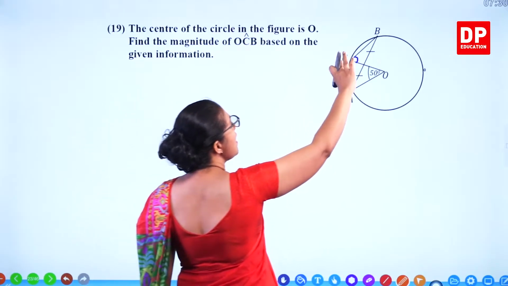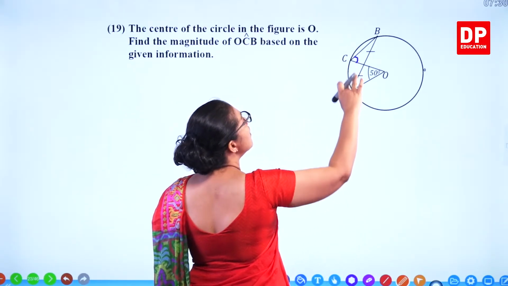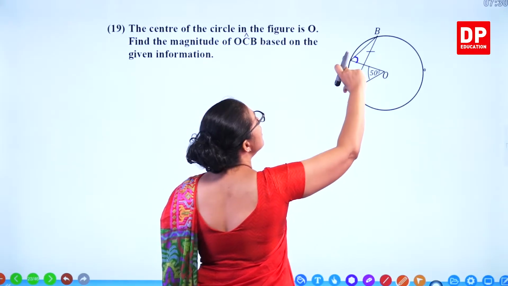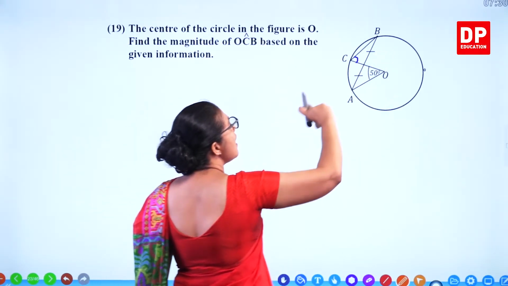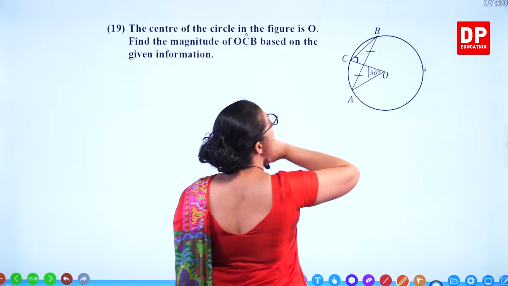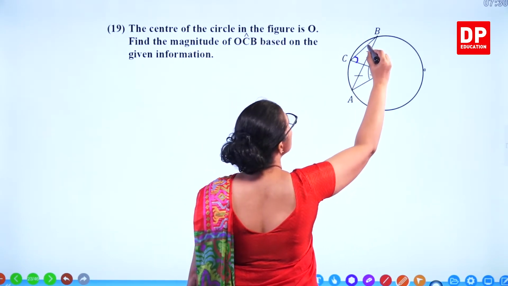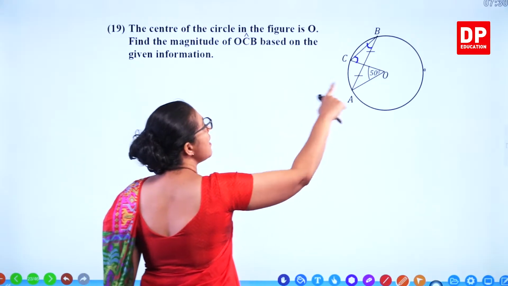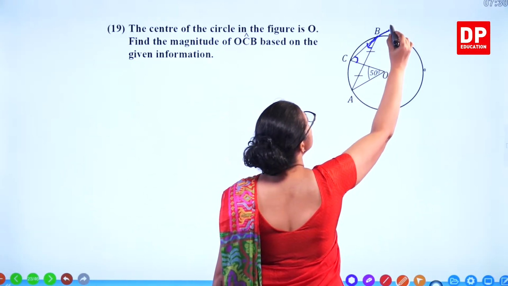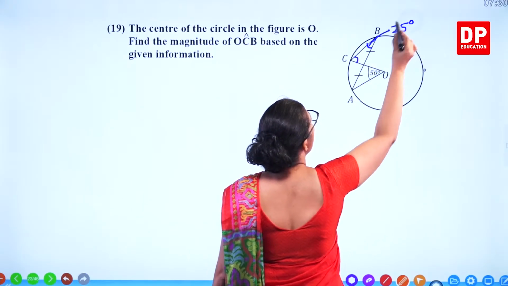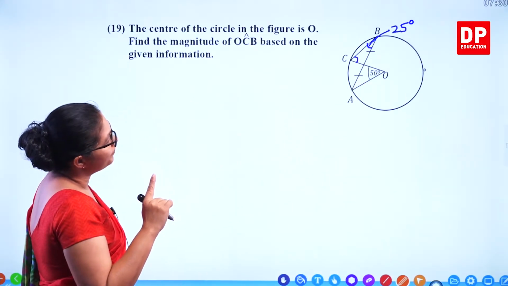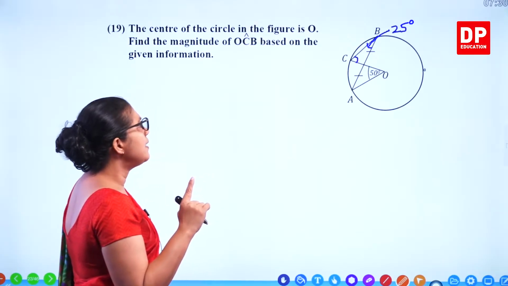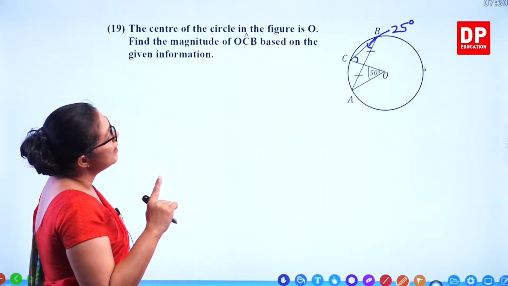When you take AC arc, this is the angle subtended at the center and this is the angle subtended on the circumference. So what's the relationship? If this is 50, this becomes 25, half of it. So that's half. And then what can you say about this one?